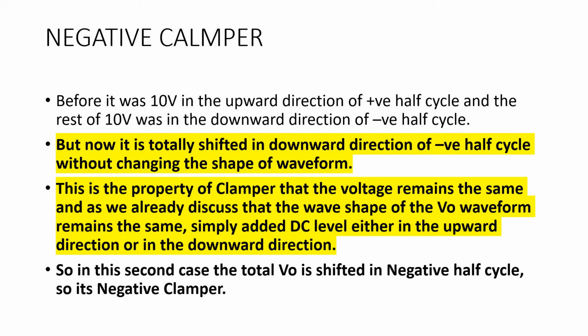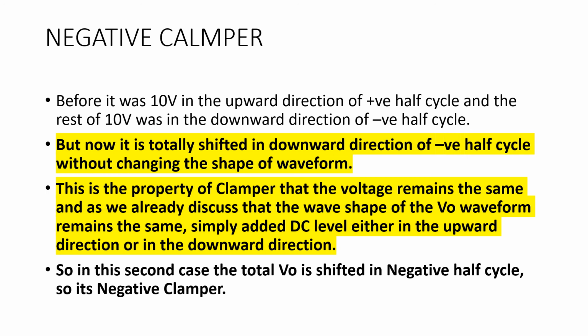In my first slide I discussed that it's the property of the clamper that the wave shape of the waveform remains unchanged, only there is a shifting in the DC levels either in the upward or in the downward direction. So this is the property of the clamper.